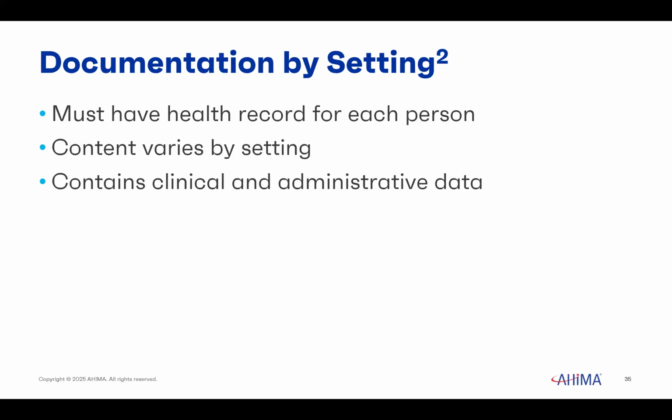So you can have pregnancy complicated by maternal diabetes, and you can have newborn diabetes, right? And the content of the documentation will vary by the setting. Behavioral health will have different needs than an acute care hospital, but both will have clinical and administrative data.